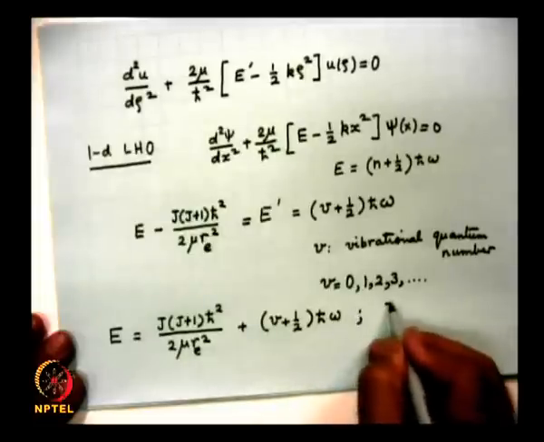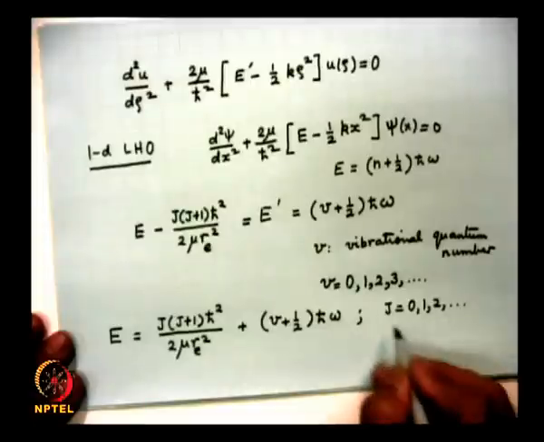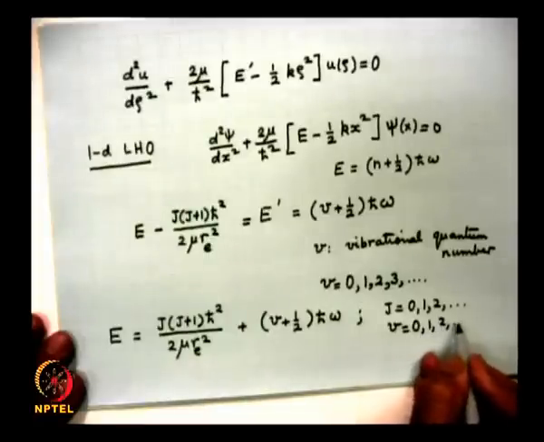Here j is equal to 0, 1, 2, 3 and V is equal to 0, 1, 2.